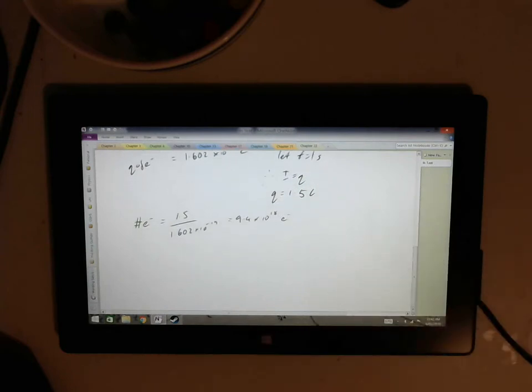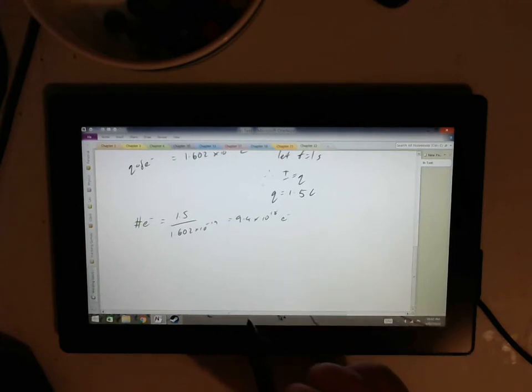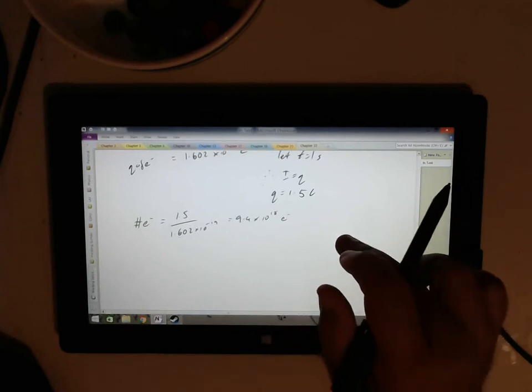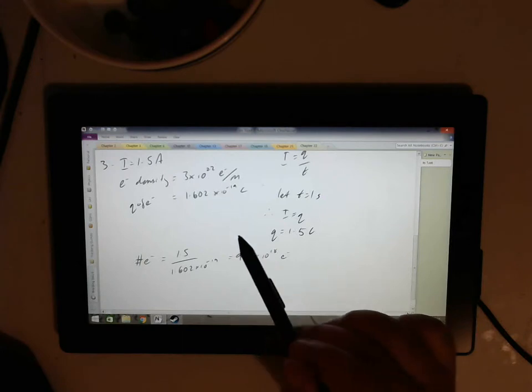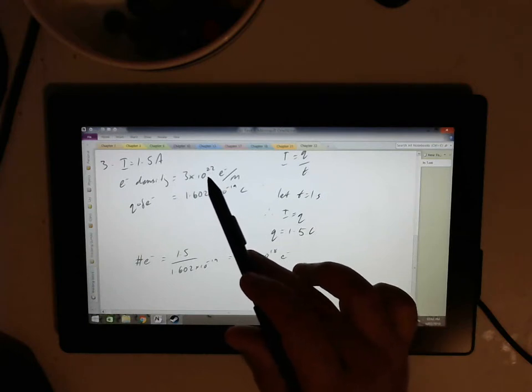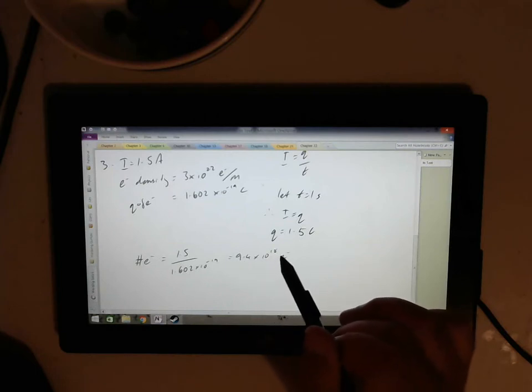By knowing that 1.5 coulombs of charge passes a point every second, and knowing how much charge is on one electron, we've now worked out how many electrons pass this point every second. That's a lot of electrons passing this point, but we know how many electrons are in 1 meter worth of conductor. So if there's this many electrons in 1 meter, how much length requires this many electrons?